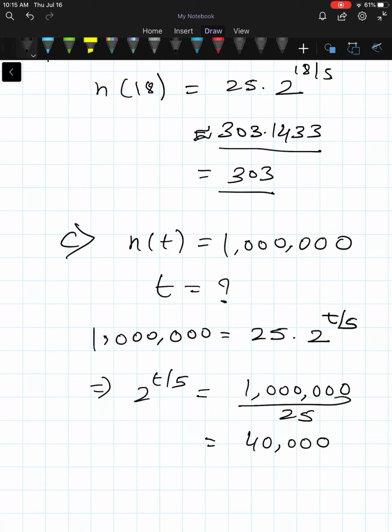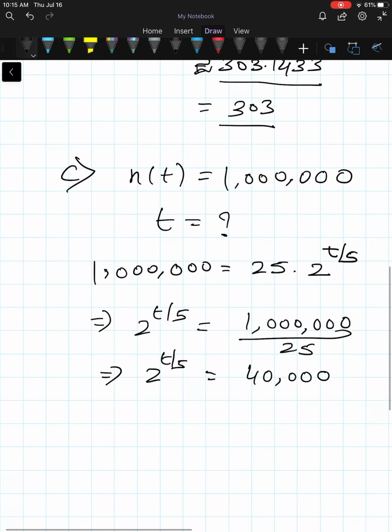So 40,000 equals 2 to the power of t over 5. This is a clear exponential equation, the format of step 1 from the guidelines, the stepwise algorithm to solve an exponential equation.